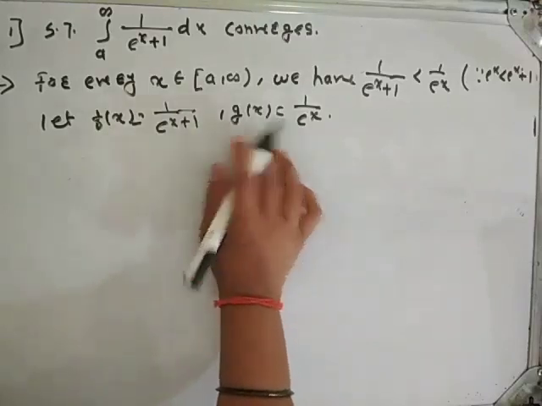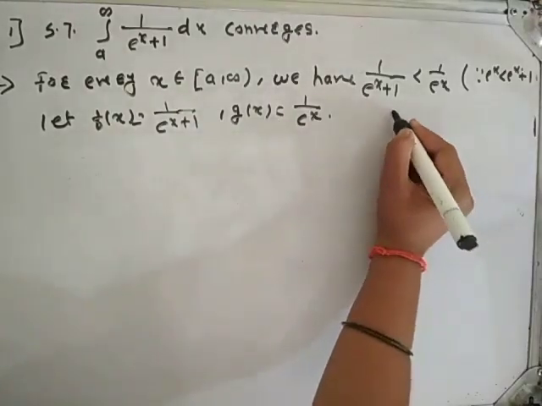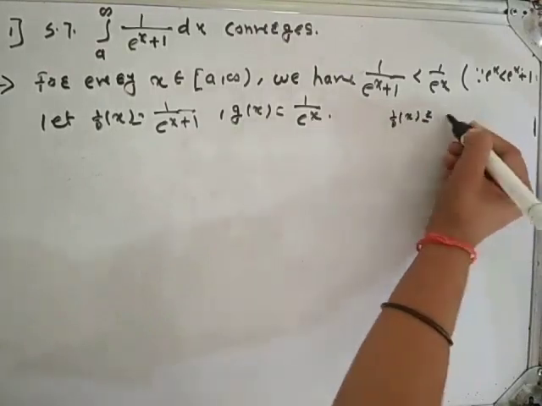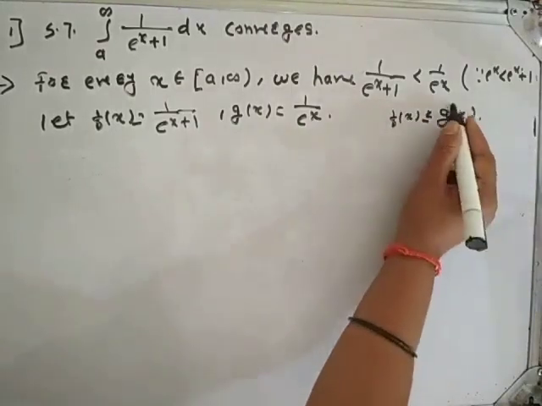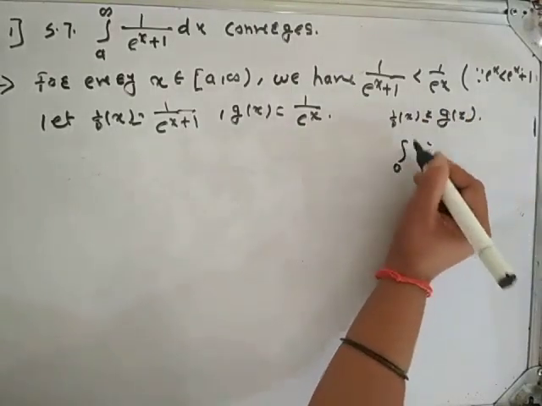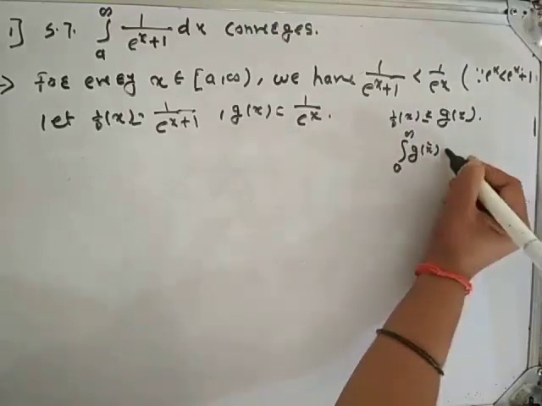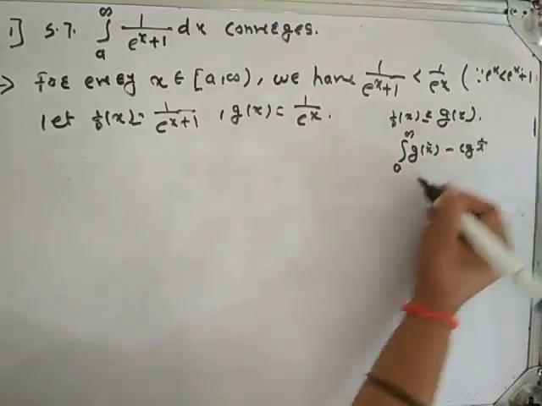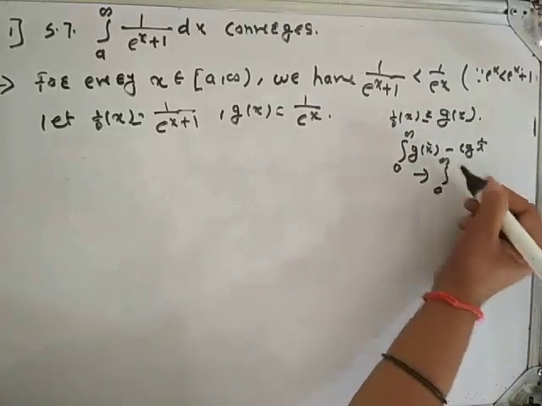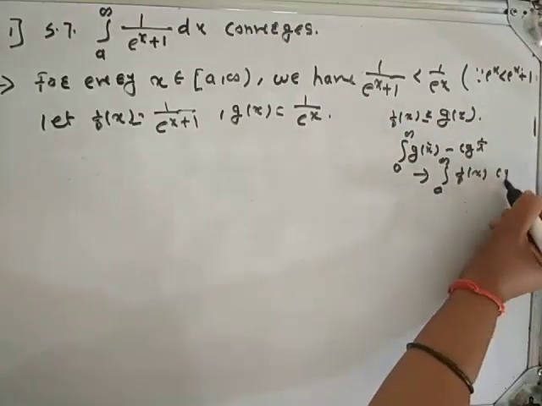What does the comparison test say? If f of x is less than or equal to g of x, and integration from a to infinity g of x dx is convergent, then integration from a to infinity f of x dx is convergent.